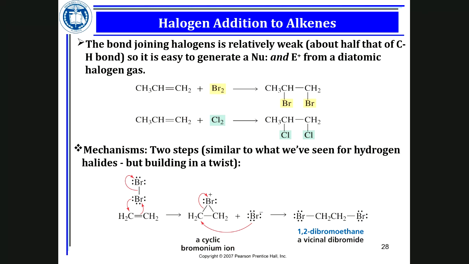In the first step of the reaction, the pi bond is going to come and form a bond with the Br. So you have a Br here. When the pi bond comes in, it is going to take the Br with no electrons, and the electrons are going to break over to the second bromide.